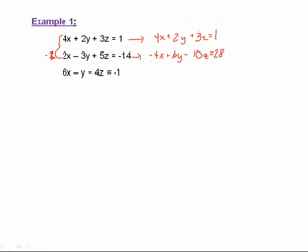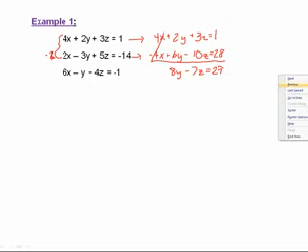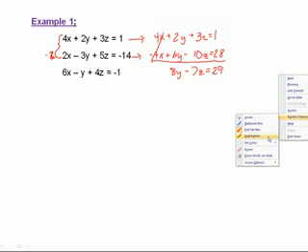So when I add these 2 together, it's going to eliminate that x variable. So I get 8y minus 7z is equal to 29.